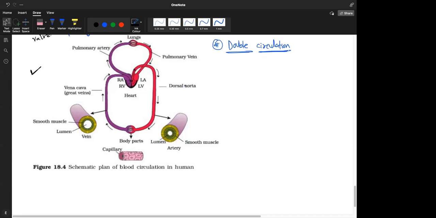Now in one cardiac cycle, how many times do you think that RBC will pass through the heart? Can you tell me logically? The same blood, how many times will it pass through the heart in one cycle? Once, twice, thrice, or none of the above?